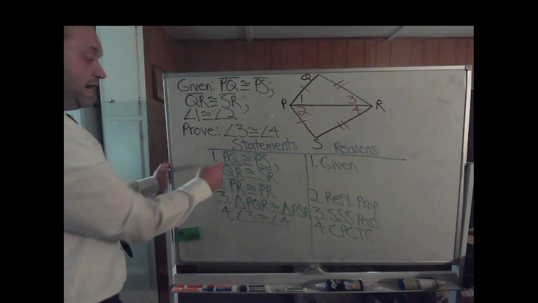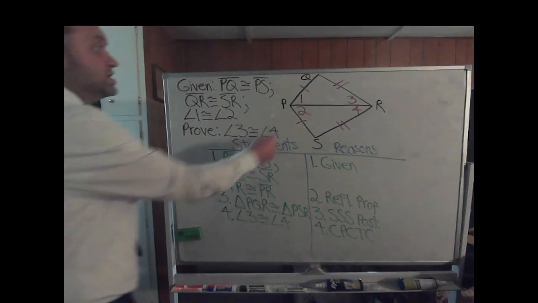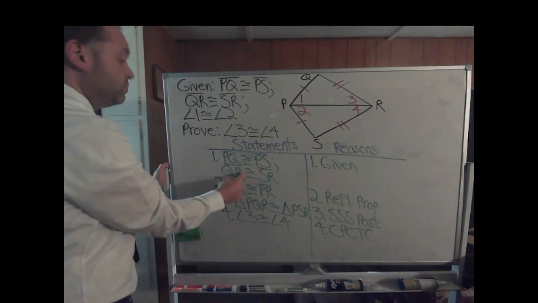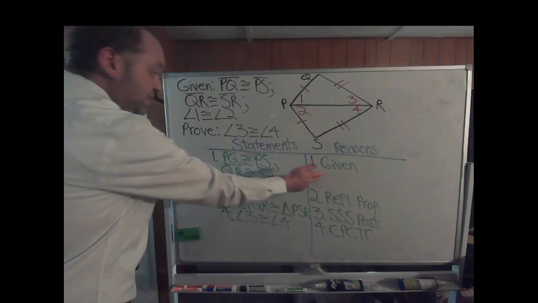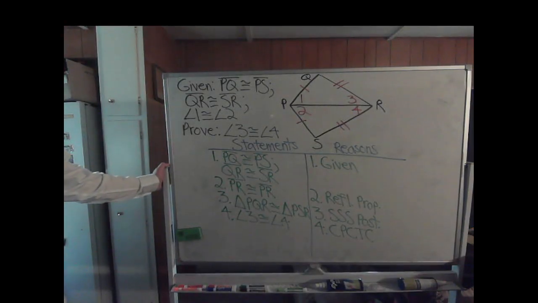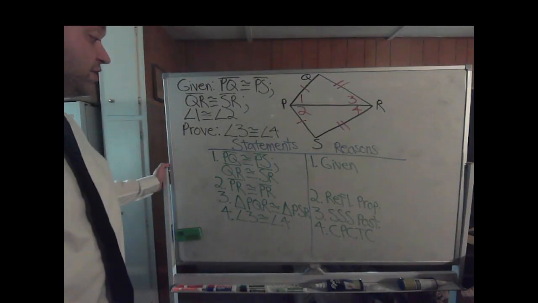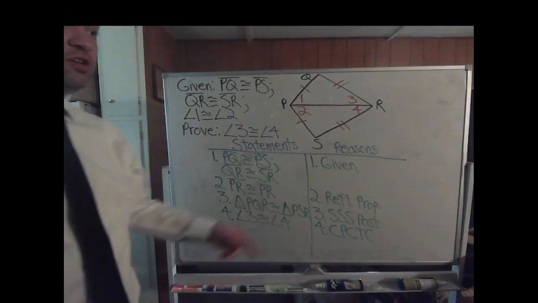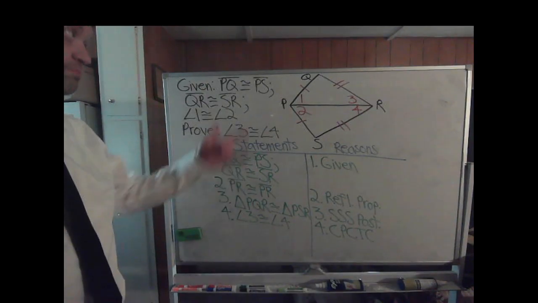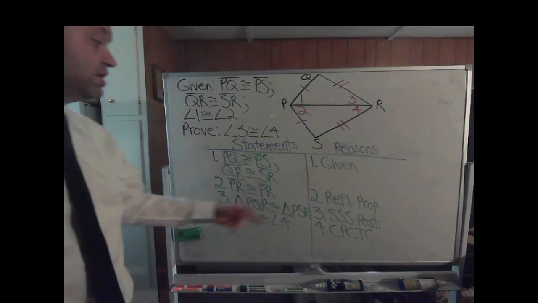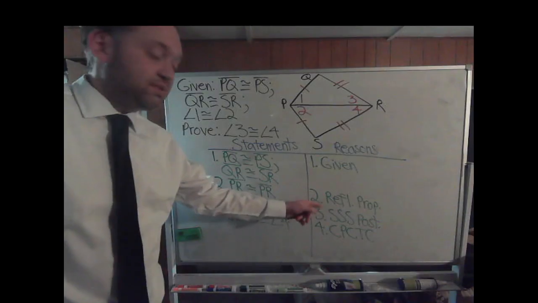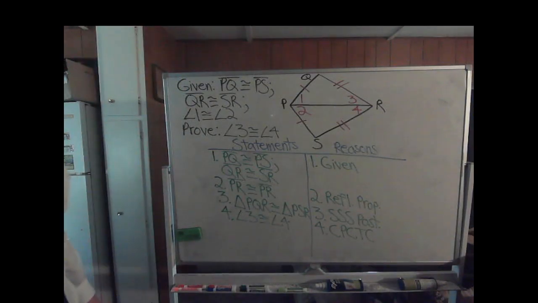So we went the route of PQ is congruent to PS and QR is congruent to SR. That was given. And then, by looking at the diagram, we can conclude PR is congruent to PR because both triangles share the same side there, and they're congruent to each other, the same side, by the reflexive property.